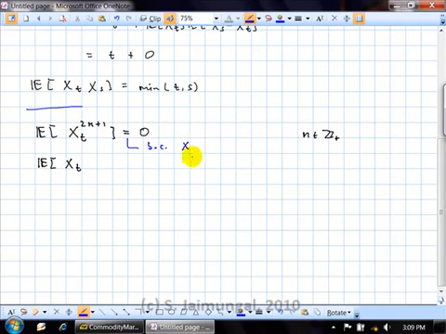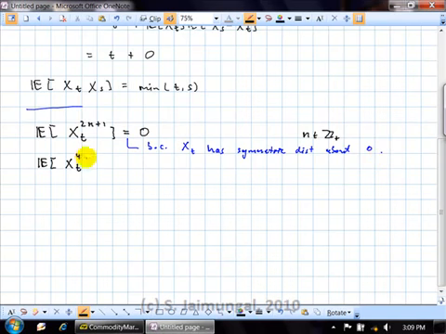The distribution of x, and normal mean 0, is symmetric. Okay, has symmetric distribution about 0.